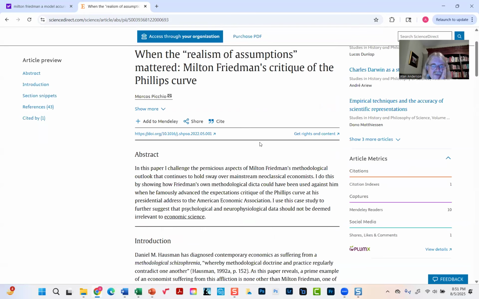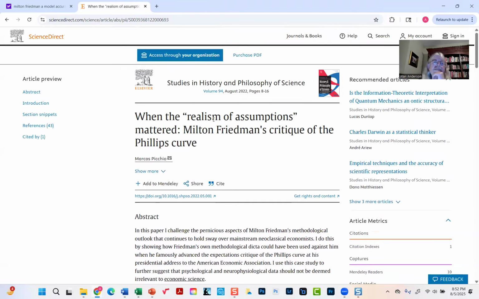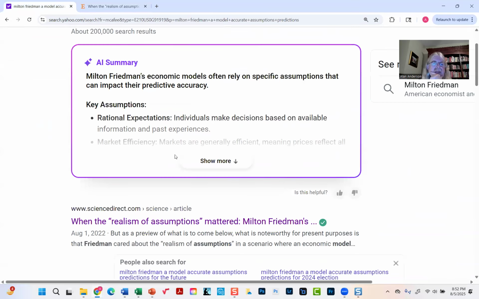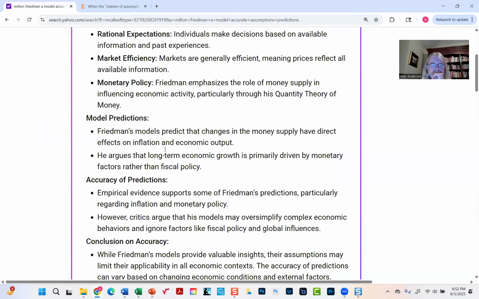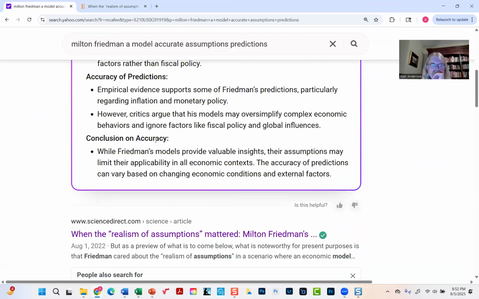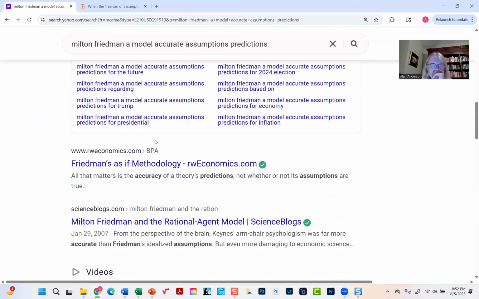Yeah, give us the quote. Well, maybe we're not going to find it. Oh, here it comes. All that matters is the accuracy of the theory's predictions, not whether its assumptions are true, or at least that's a paraphrase of it.